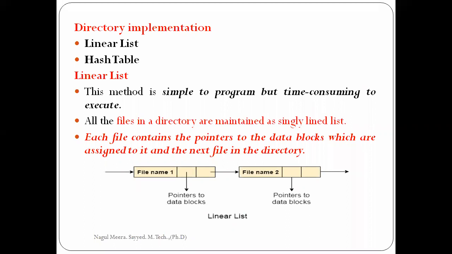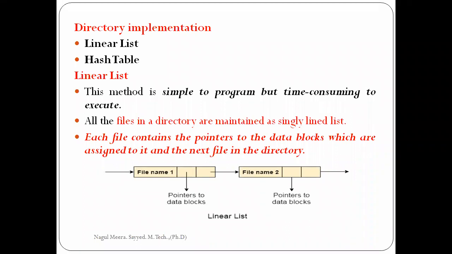I am talking about linked list. If you know that topic, we can understand this topic very easily. So linked list consists of nodes. Each node consists of its name, and the second part is a pointer. What is the meaning of this pointer? This pointer is used to link the second node. That is the meaning of linked list.